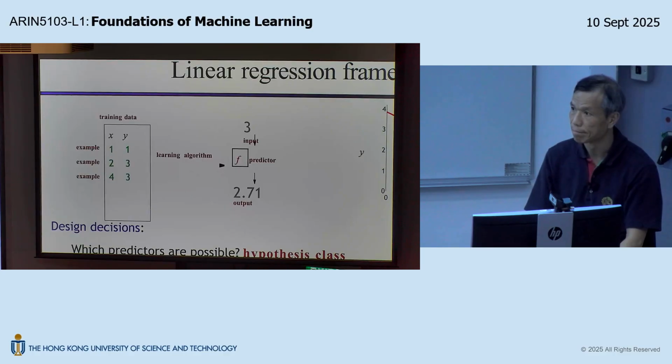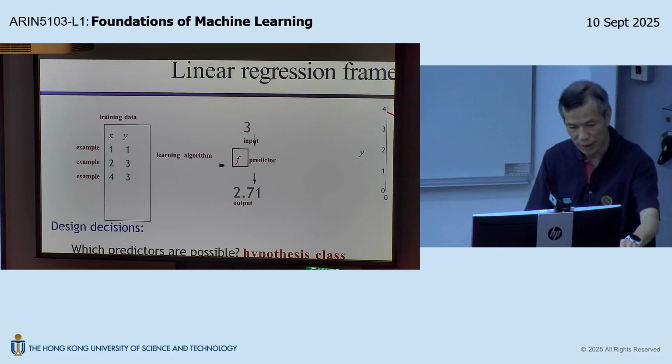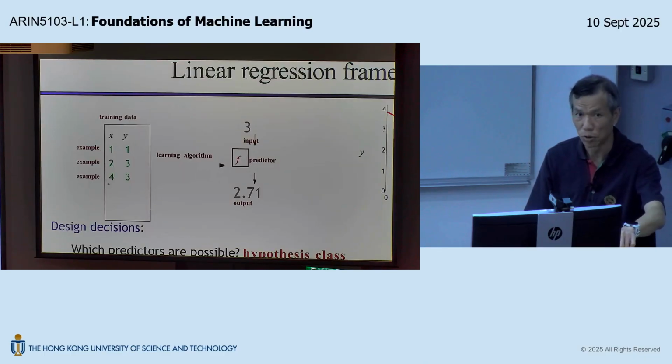As we discussed last time, we are not interested only in the outputs of the training samples, because if these are the only samples you are interested in, then you don't really need a machine learning model. All you need is a database. If you have a database, you can ask what is the output when x is equal to 2, and the database will tell you it is 3.